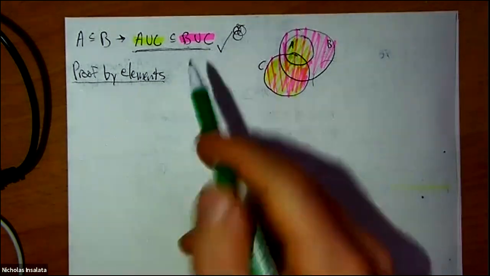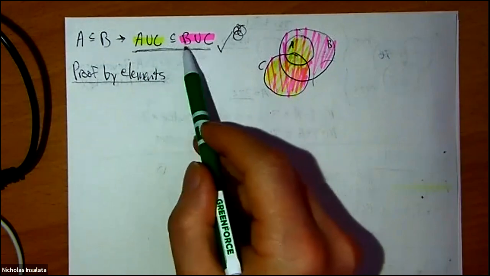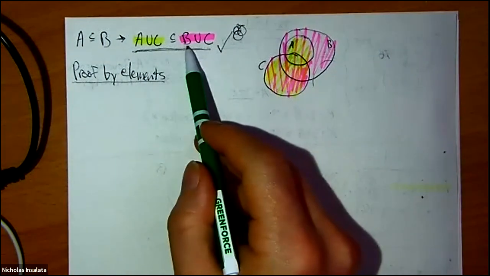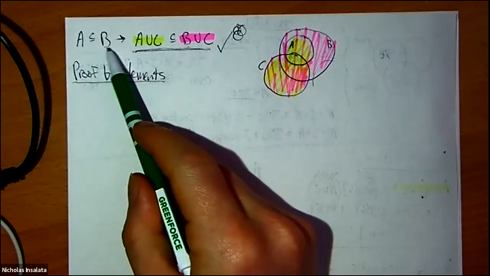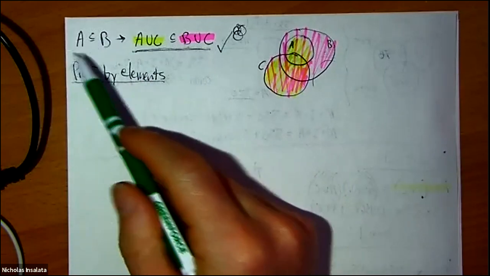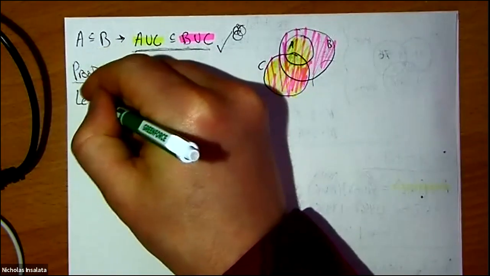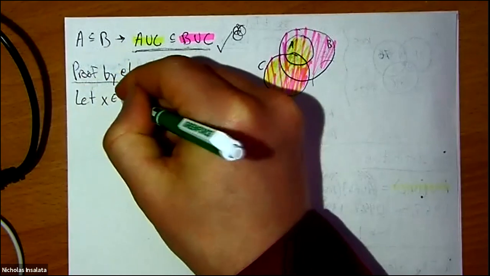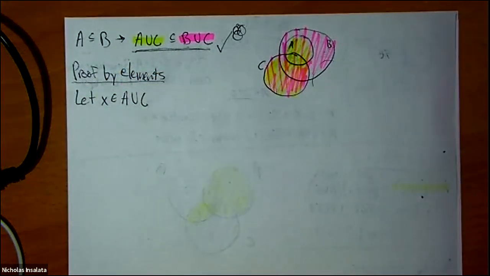Yeah, good. You want to start with X in A union C, and then show that that has to be in B union C using this as part of our deduction along the way. Okay, so this is going to be one of our deduction steps, but we're going to start here, right? So we're going to let X be an element of A union C. Okay, let's translate that into logic, right?